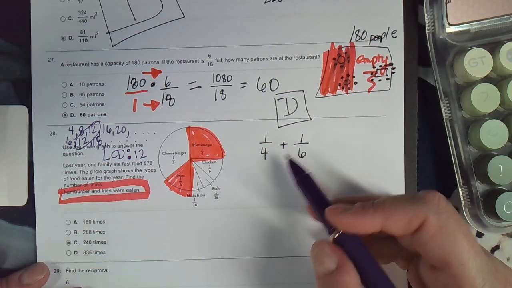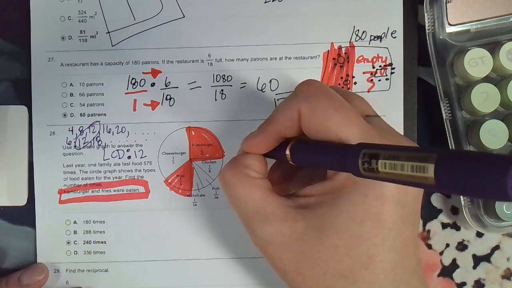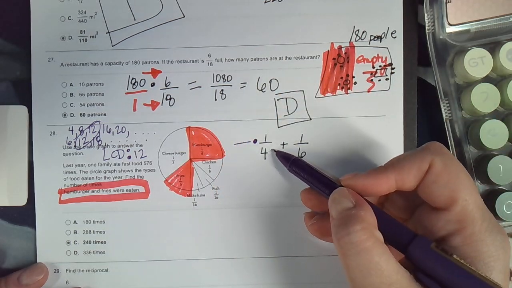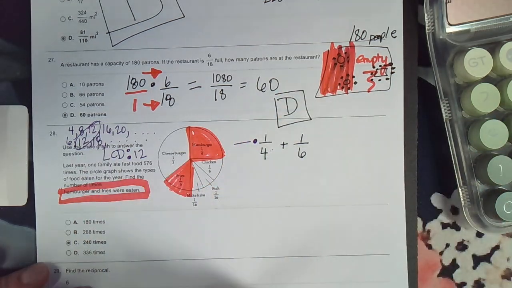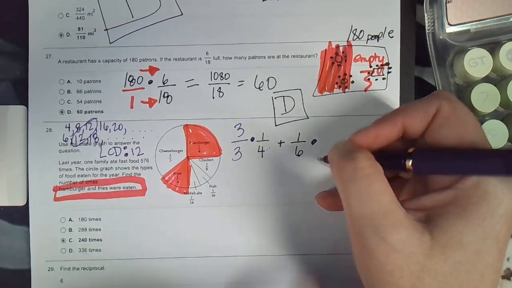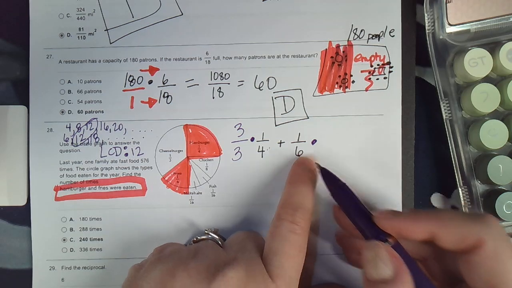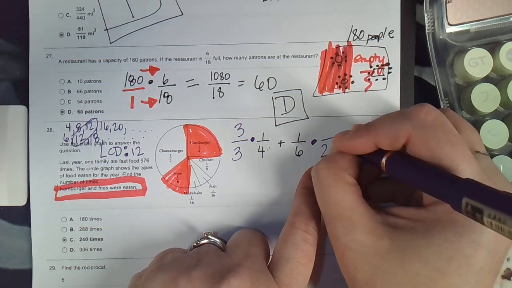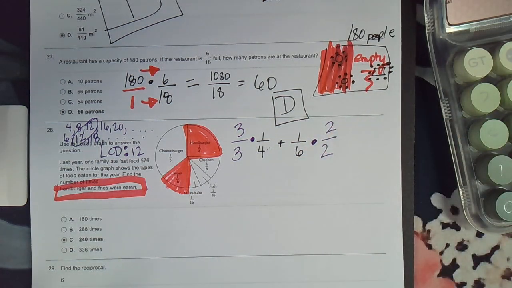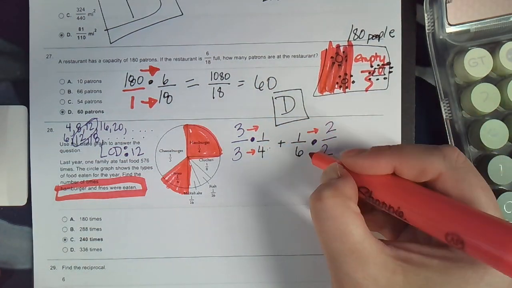Okay, so I need this 4 to become a 12. What can I multiply 4 by to get a 12? 3. I also need this 6 over here to become a 12. What can I multiply 6 by to get a 12? 2. And you have to do the top and bottom. Okay, now when you multiply, just like the last two problems, you multiply left and right.